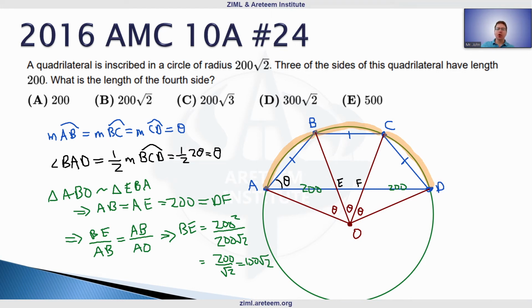Now, on the surface, this seems a little bit unhelpful, right? We might say, okay, well, why do we care that BE is 100 root 2 in this scenario? Well, notice that this is telling us the ratio of sides. This is half of BO, right? So I want to stress here on the bottom, should be still visible here.